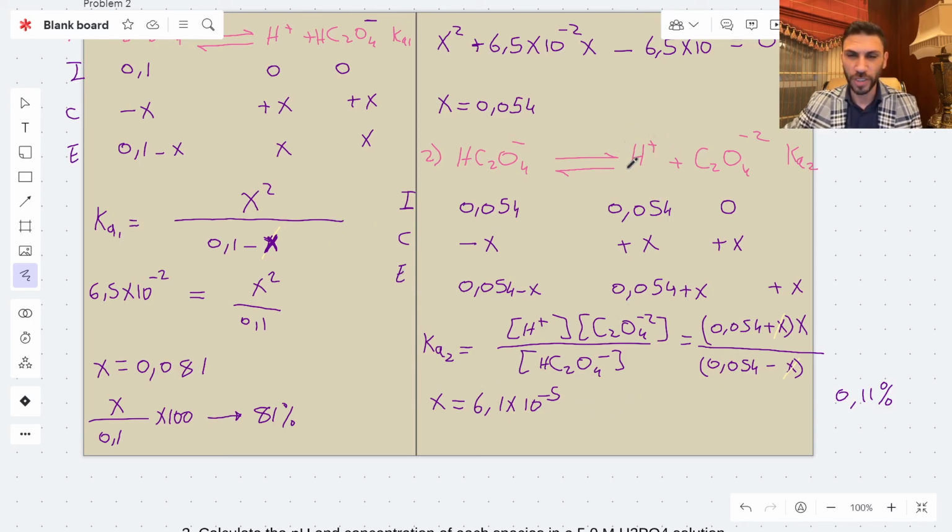What is the hydrogen ion concentration in this solution?